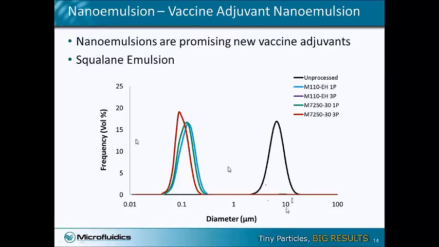If you look here, you can see a small bump. That means there may be detectable particles or droplets that are very large. So if you want your emulsions to pass through the sterilizing filters, you definitely want to get rid of those particles.